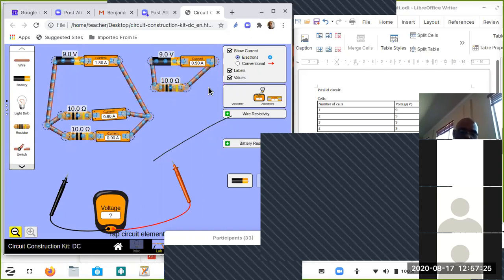As you can see on the second diagram that I've just constructed, the resistance is 10. Then the current is 0.9. Are we together there? Fine. Then I'm going to change the resistance in such a way that the current will increase up to 1.8. That resistor will have the same resistance as the parallel circuit, right?